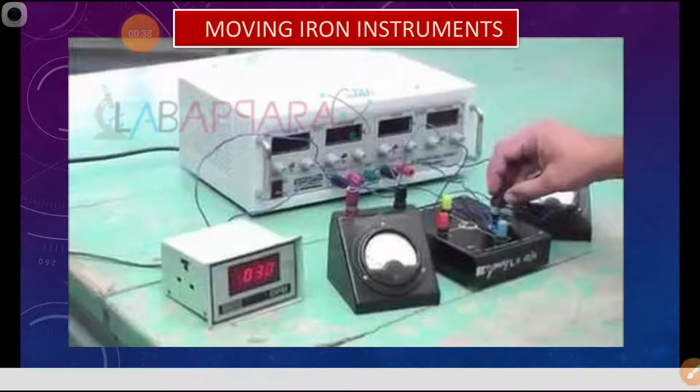This instrument has so many characteristics, and it is accurate, cheap, and simple in construction compared to the moving coil instrument, which you have already learned in the previous class, where the moving coil instrument can be used only for DC.